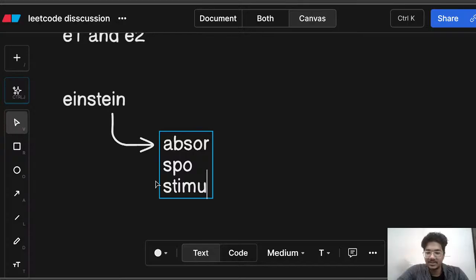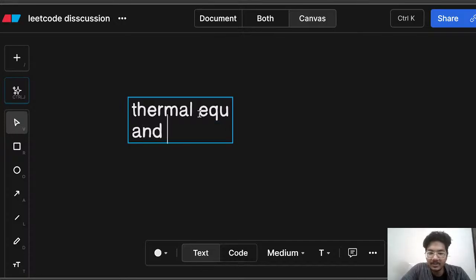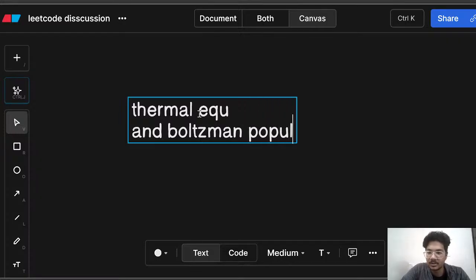After that, we have to understand thermal equilibrium and the Boltzmann population.